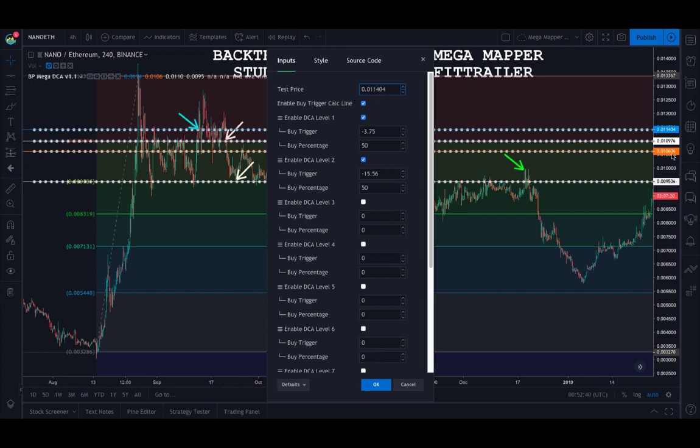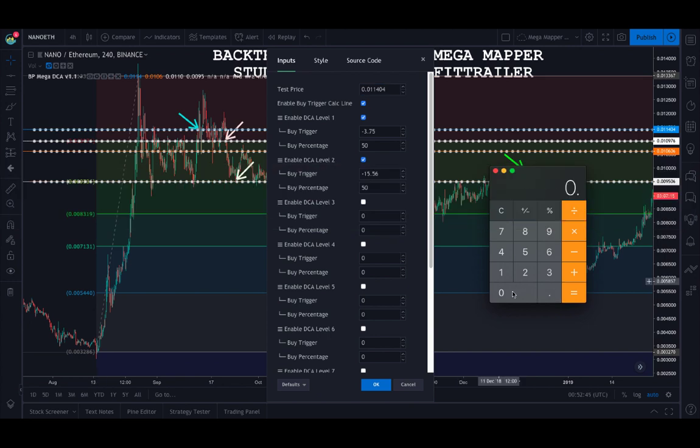So our new average price, the orange line, is 0.010606. 0.010606 minus the next trigger level of 0.008319. That came from right here. Divide it by the average price, 0.010606.